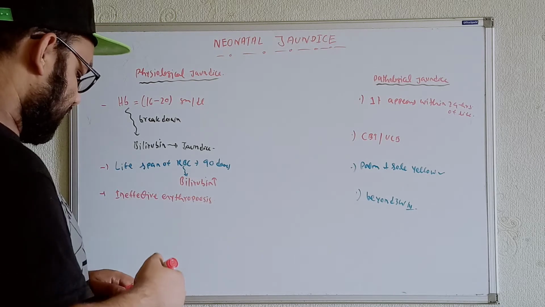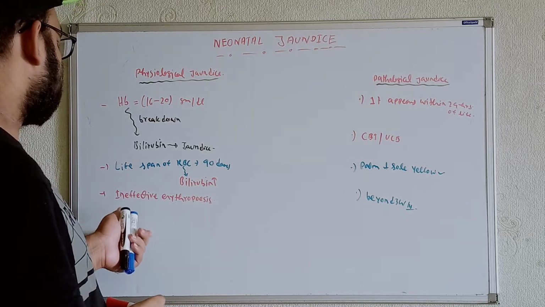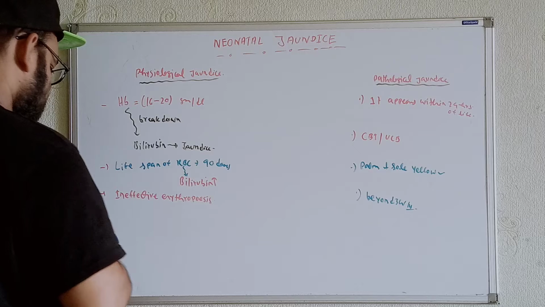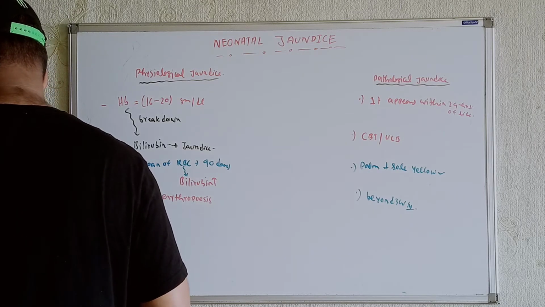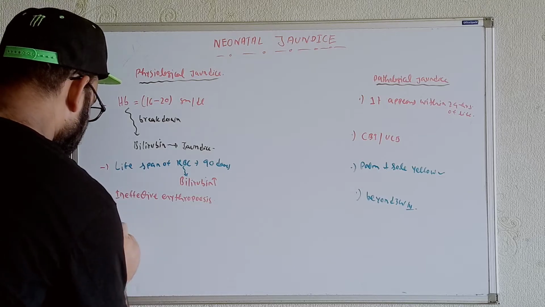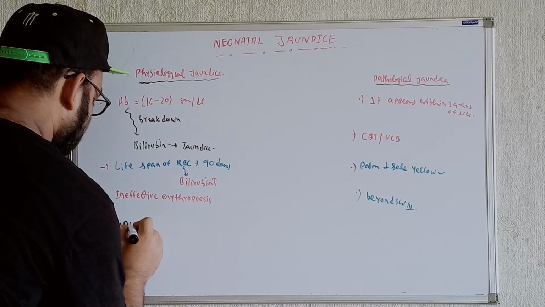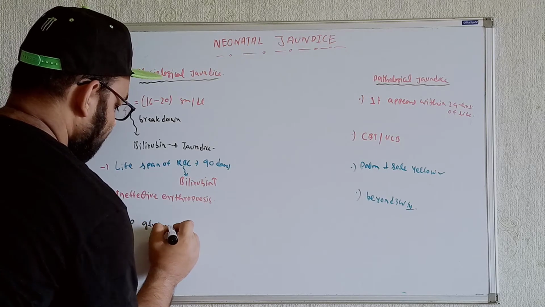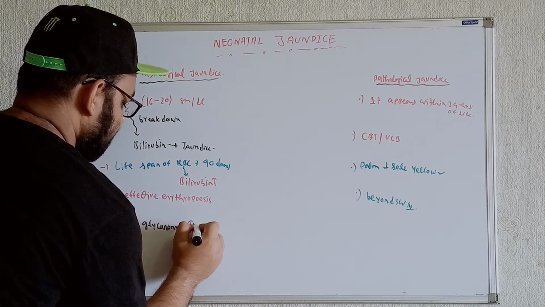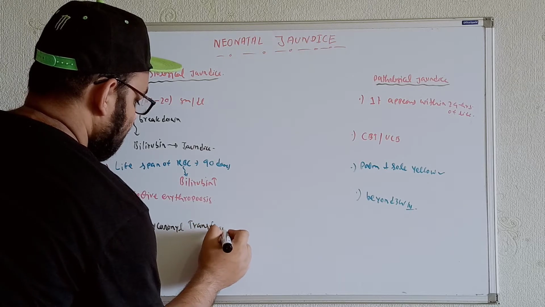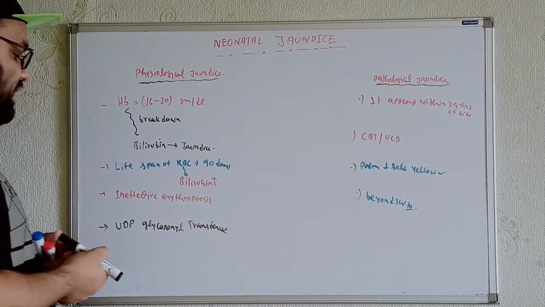Another thing, try to understand: the conjugation of bilirubin is done by which enzyme? So let's write it over here, then I think it will be easier. The enzyme UDP glucuronyl transferase within the neonates is not mature.